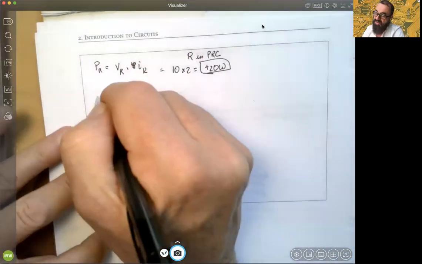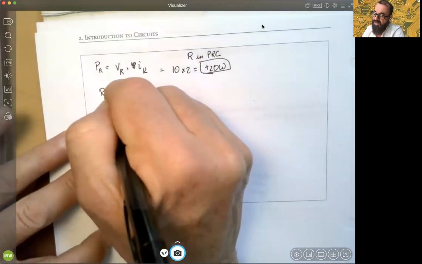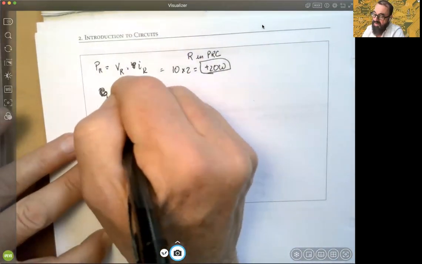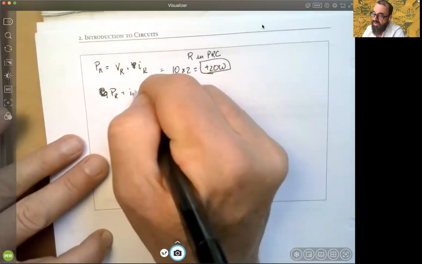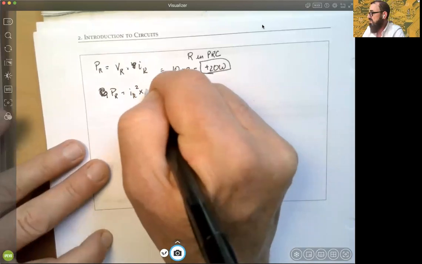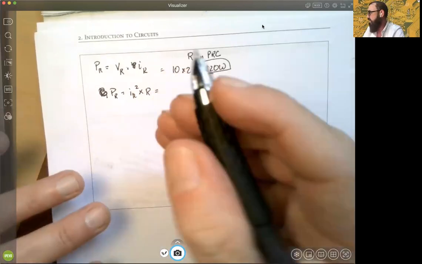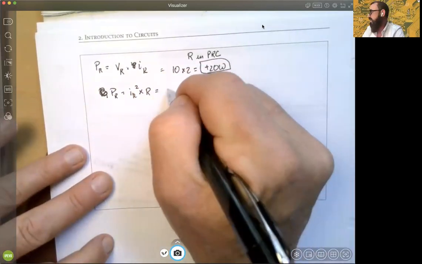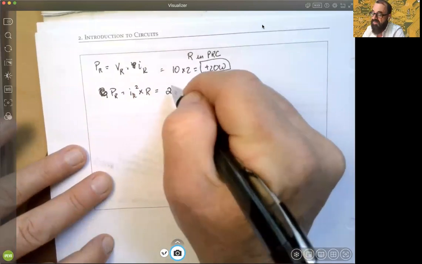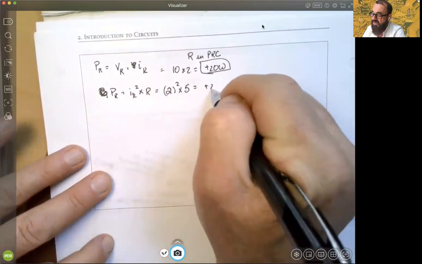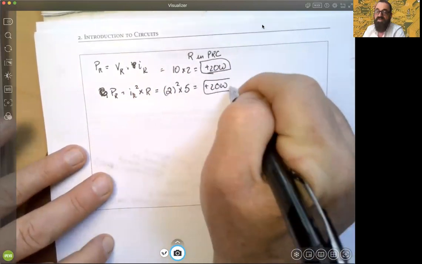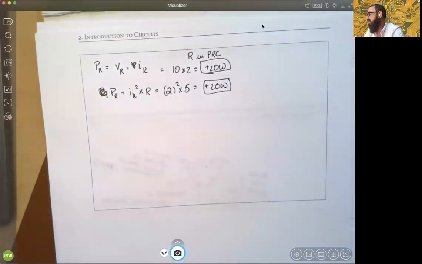Just so you know, you could have gotten the power another way, squaring the current times the resistance. In this case, it would have been 2 amps squared times the 5 ohm resistance. That would get you positive 20 watts, okay? So same answer either way.